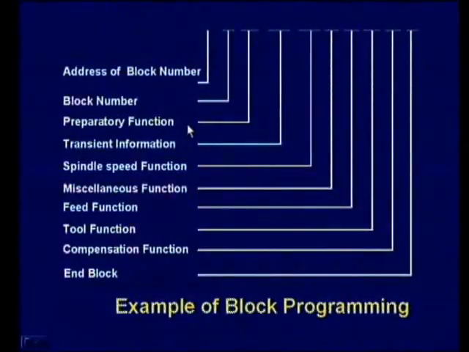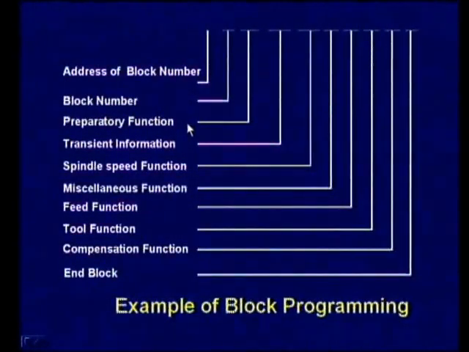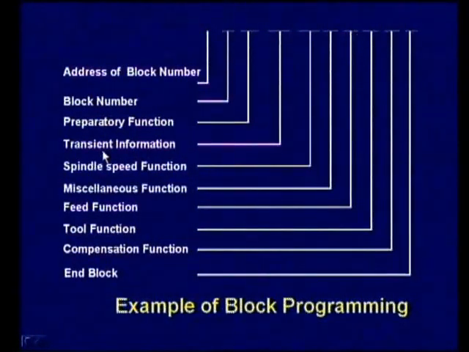Here are the different things a block in programming contains: address of block number, preparatory function, transient information, spindle speed function, miscellaneous function, feed function, tool function, compensation function, end of block.